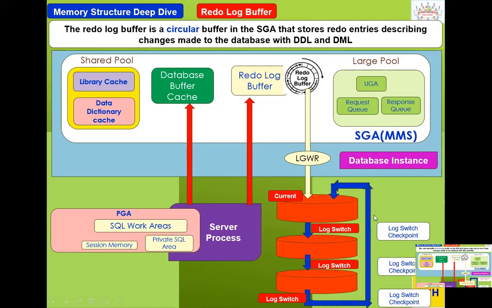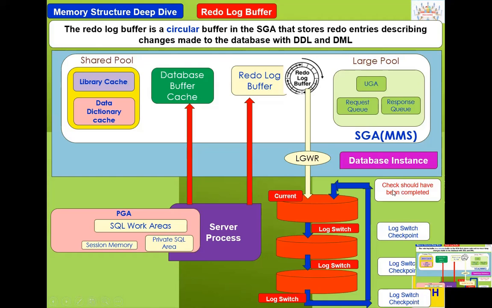It should go and overwrite the first one. But you can't just go and overwrite. Why? In between, Oracle will allow the log switch and continue to write to the next one, whether or not the incremental checkpoint is completed. But when it overwrites, the checkpoint should have been completed.